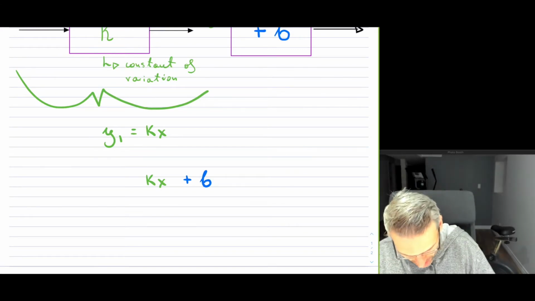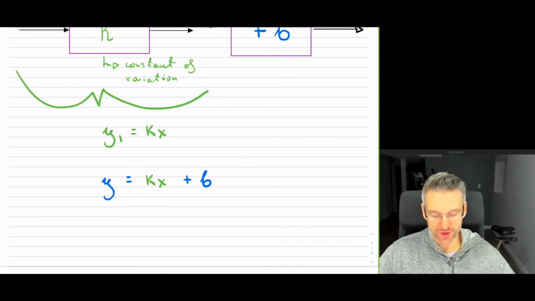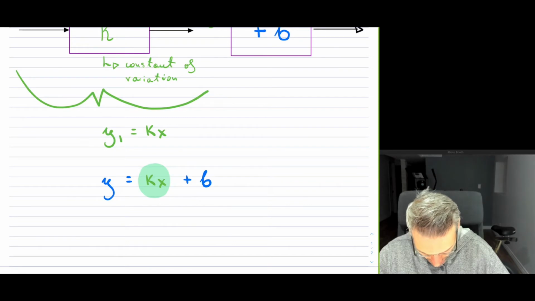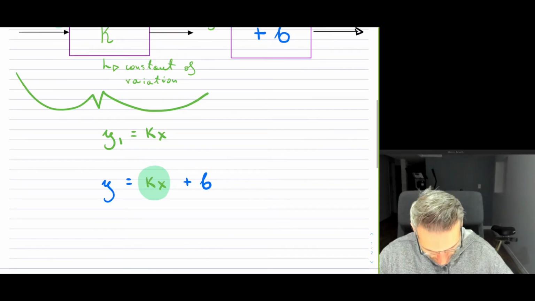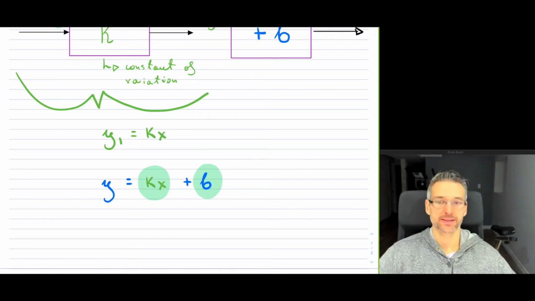That is going to give you your full output y. We call this partial variation because we are partially varying here, and then we're shifting right here by this constant b. So we're just basically scaling it up.